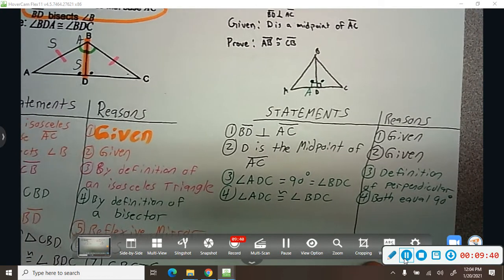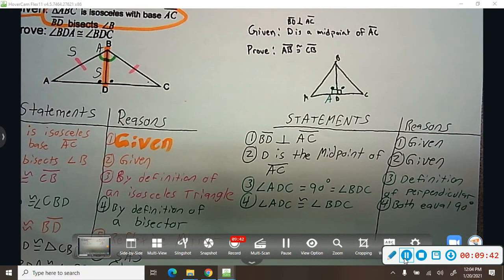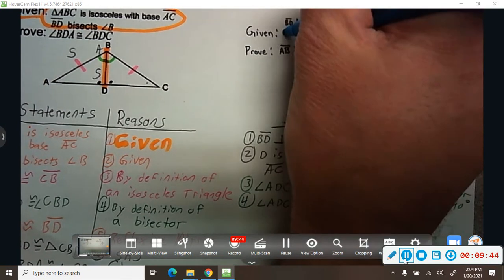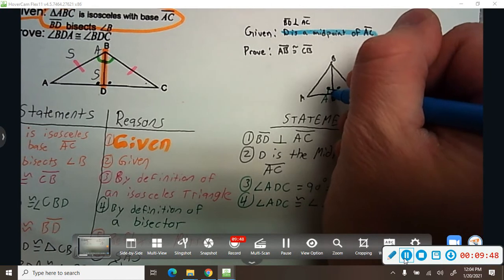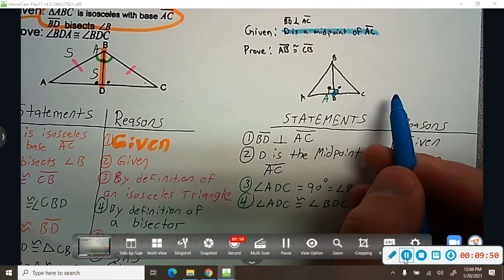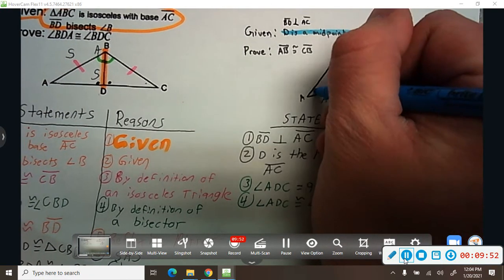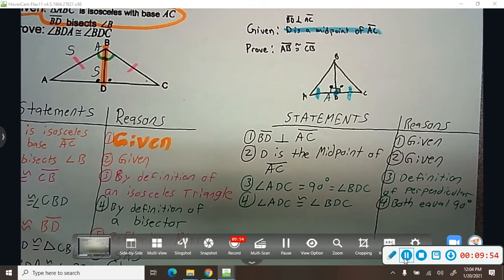I also know that D is the midpoint of AC. So D is in the middle of AC. That means that this equals that.